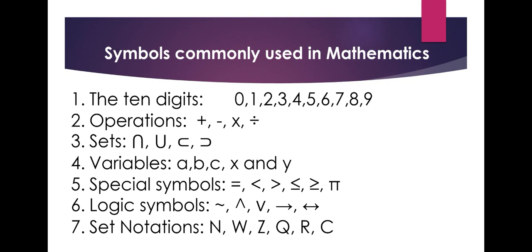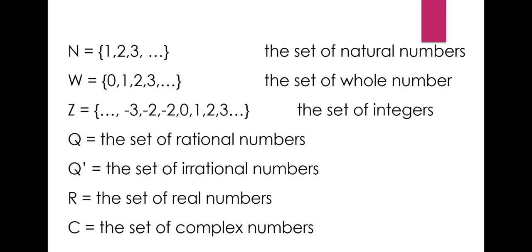And then last is the set notations. Sa set notations, gumagamit naman tayo ng capital letters, na may kanya-kanyang equivalent. So, let's say, yung N sa set notations, pag sinabi nating capital letter N, ibig sabihin, ito yung mga natural numbers.